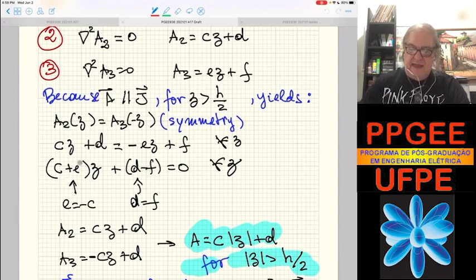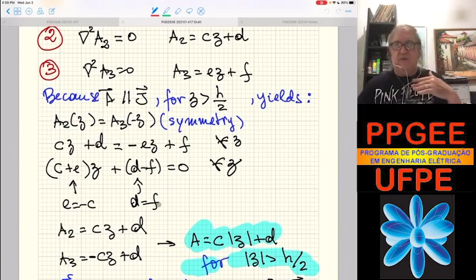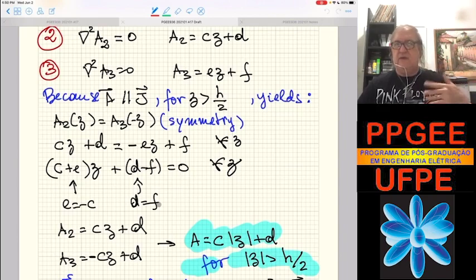So E equals minus C and D equals F. In other words, we don't have to solve below, right? We just have to solve for Z larger than 0, because the solution below is automatically obtained from the solution above.